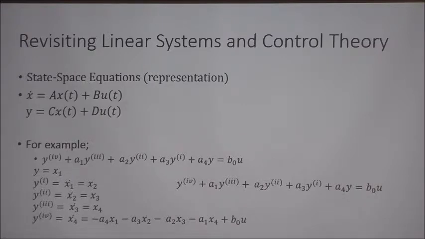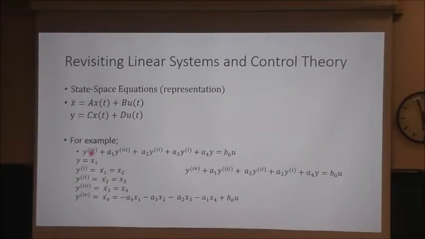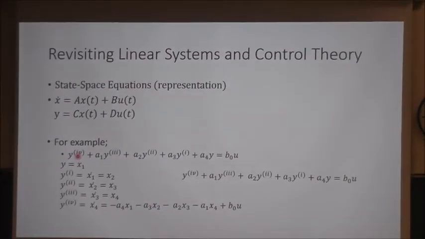Okay, let's take a look at this example. I have a fourth order differential equation. For your homework it was second order, I guess, right? So it doesn't matter, third order, second order, fourth order. I pick this one deliberately because it's easy to show the process.